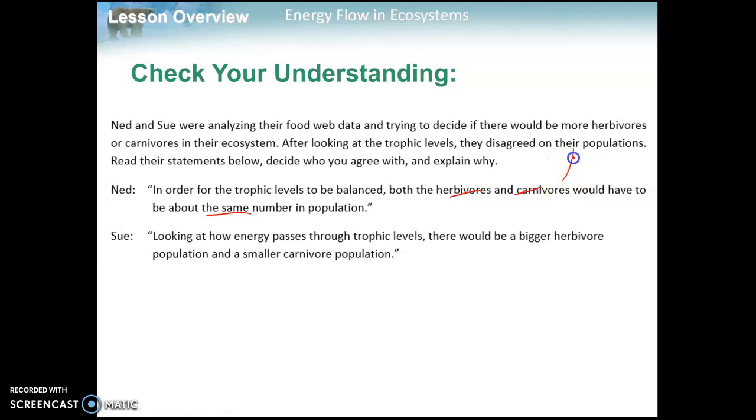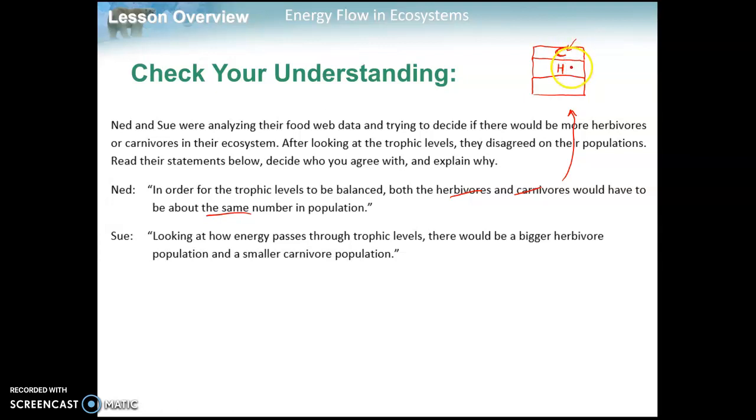Well, if Ned had his way, his ecosystem would have the same amount of herbivores as carnivores. And so his ecological pyramid would look more like a block, wouldn't it? If you have this many carnivores and this many herbivores, how is that going to support such big creatures that your carnivores are?